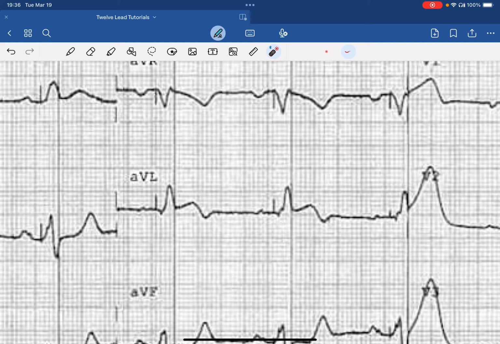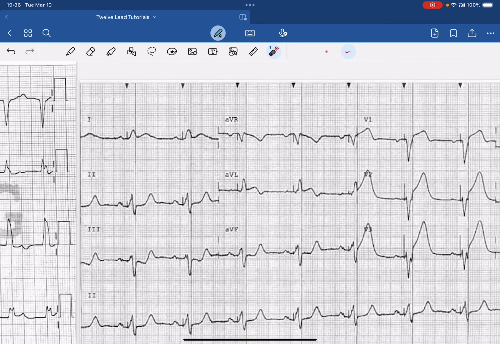Here's the pacer spike, here's the QRS complex, and here's the T wave. The T wave and the QRS are all pointing in the same direction, so we do have some concordance.